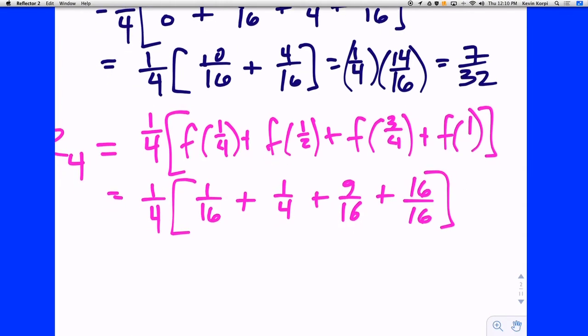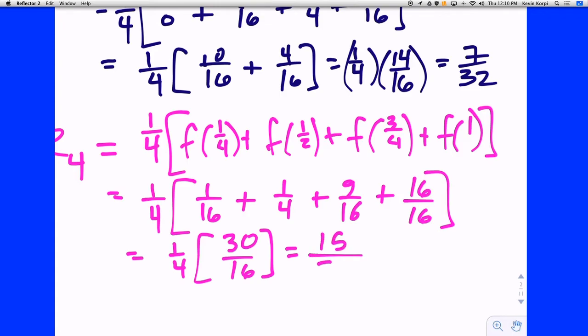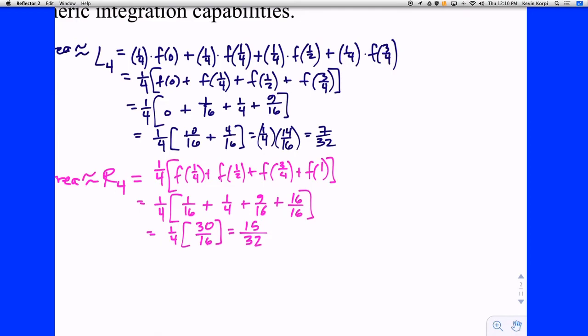That's going to be 30/16. And that simplifies to 15 eighths, and then 8 times 4 is 30 seconds. So I got 7/32 is too small, 15/32 is too big.